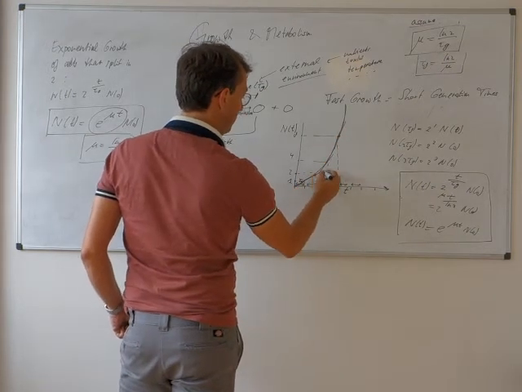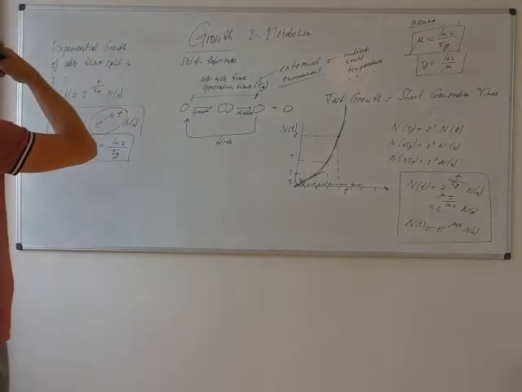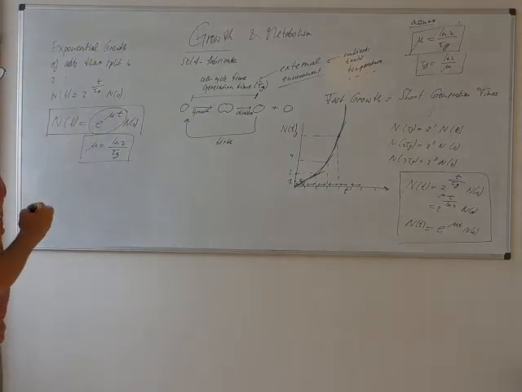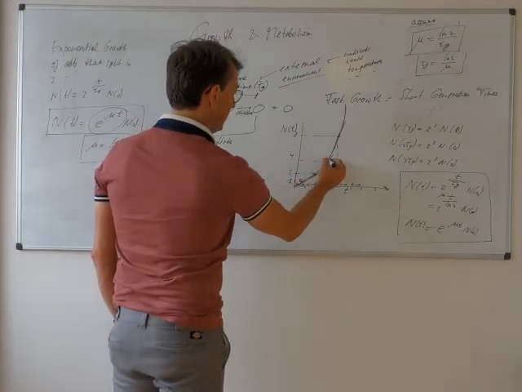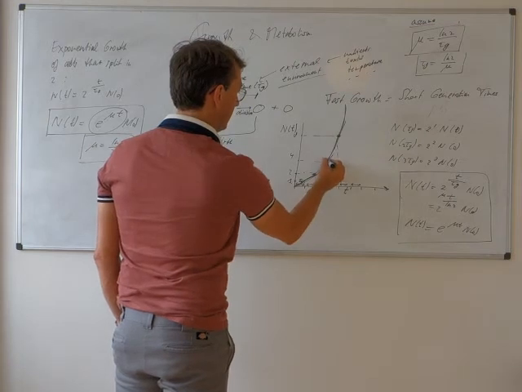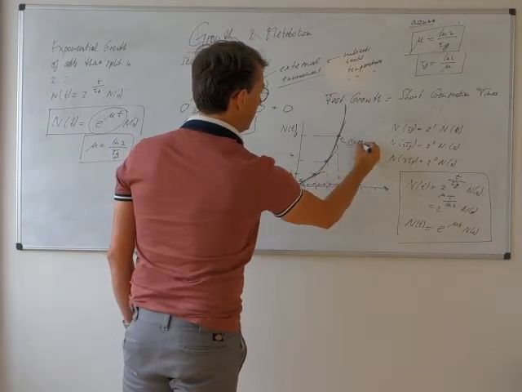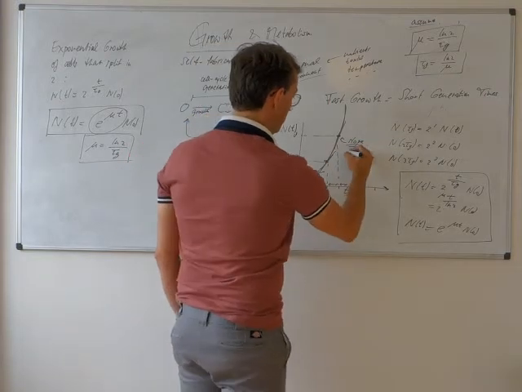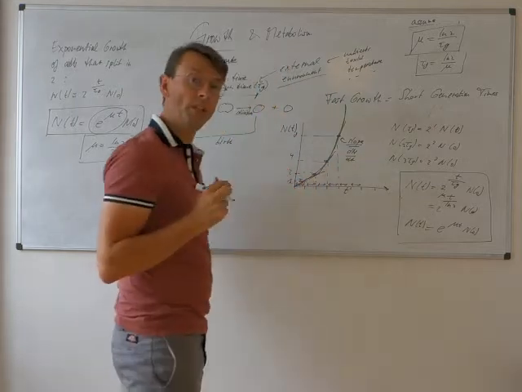Okay, that is now the next problem that we would like to do. So the slope of this line, right? Slope. Okay, that equals the derivative of this function with respect to time.